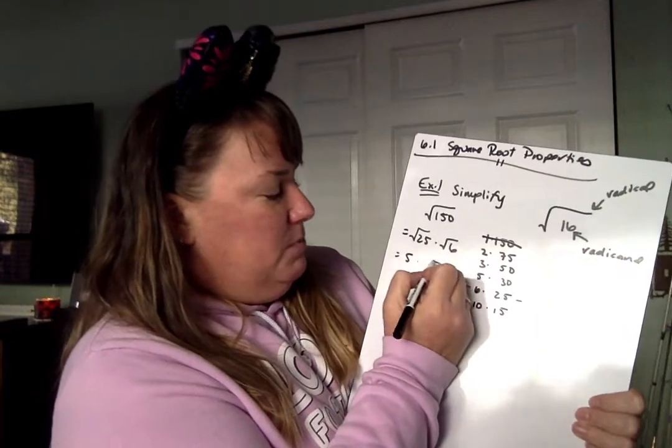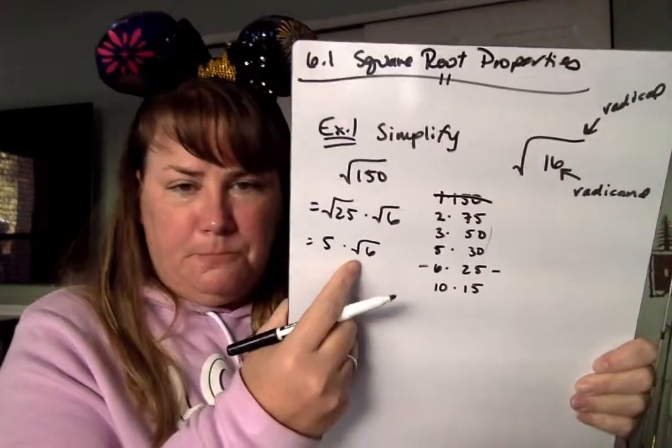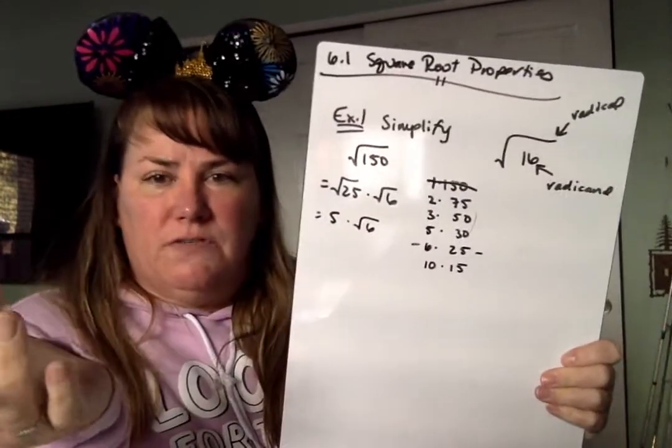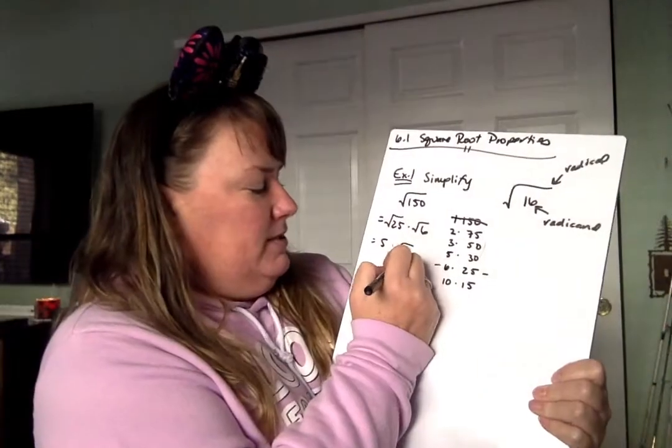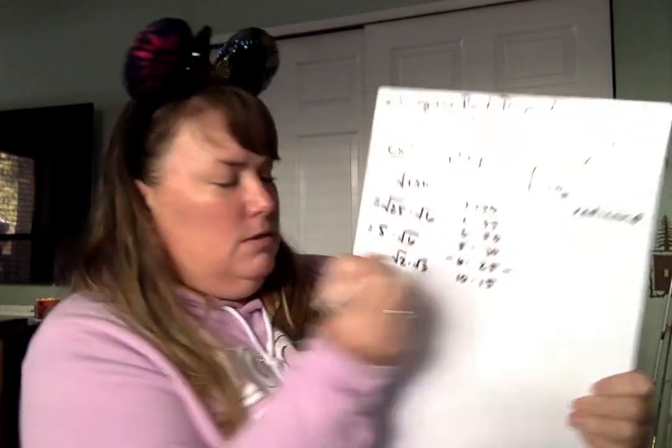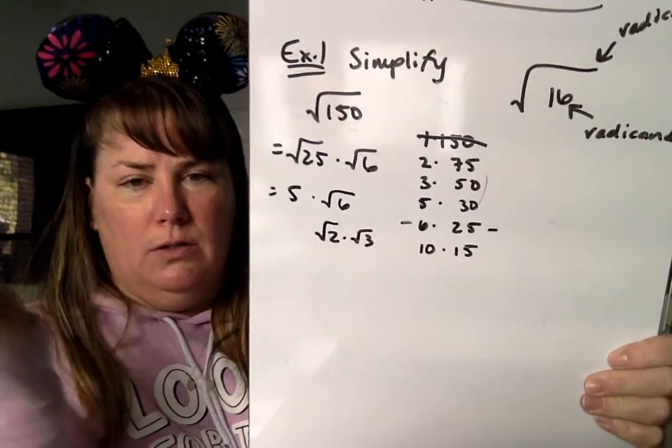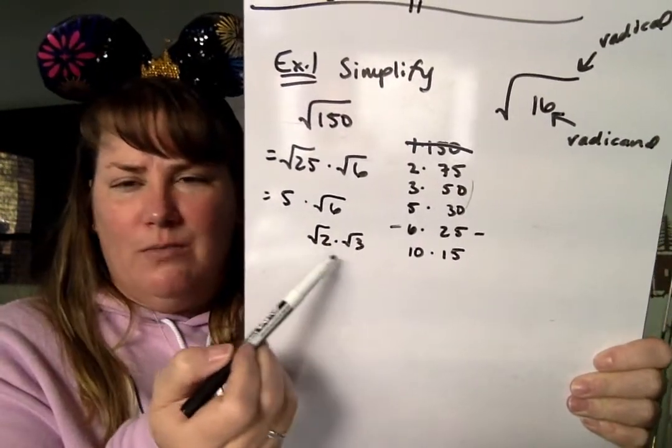And then you're going to simplify the square root of 6. Well, what are the factors of 6? 1 times 6 and 2 times 3. So if you break this down to 2 times 3, what you find out is you can't do anything more with this.